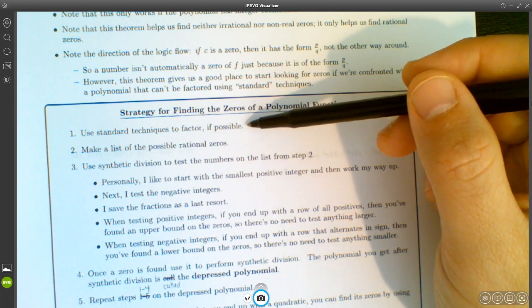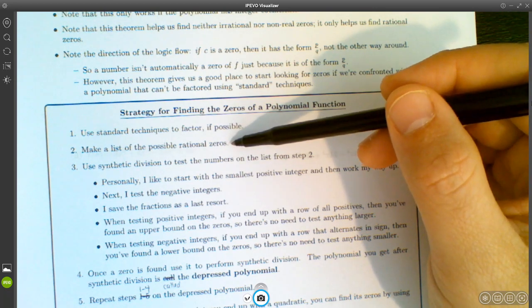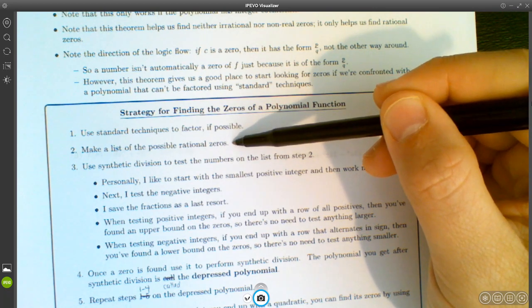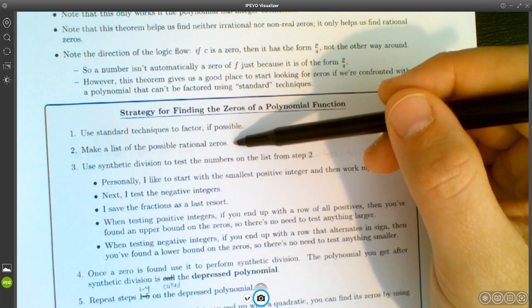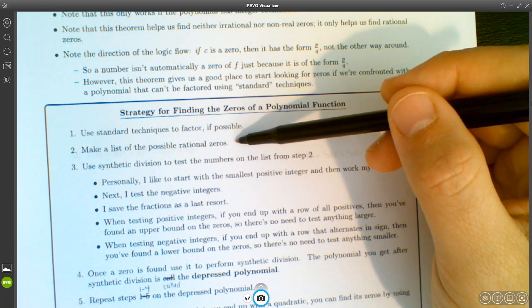Then, once I've done that, if there are any polynomials that are still too big for me to use the quadratic formula on or something, then I would try to factor them further by making a list of the possible rational zeros. The possible rational zeros are going to be of the form p over q, where p is a factor of the last term and q is a factor of the first term, right?